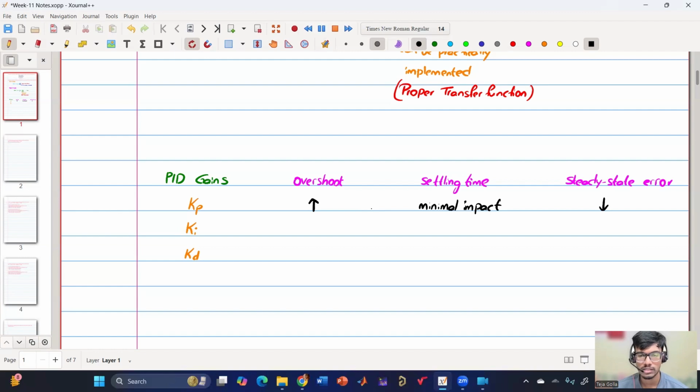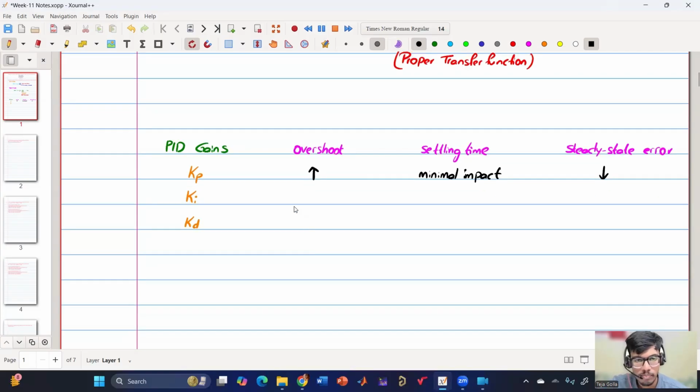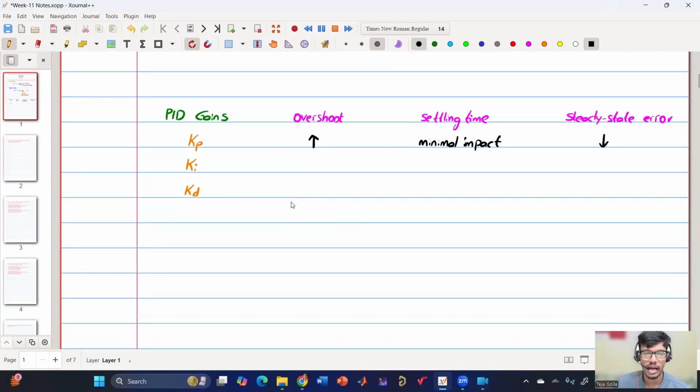If the error is 500, then it will be 5 volt. But op amp voltage can be plus or minus 5 volt. So control voltage cannot go beyond 5 volts. No matter how much you increase KP, the voltage will saturate at 5 volt. That will not be reflected in the response because the op amp is saturated. So that's why practically we cannot go to higher and higher gains.